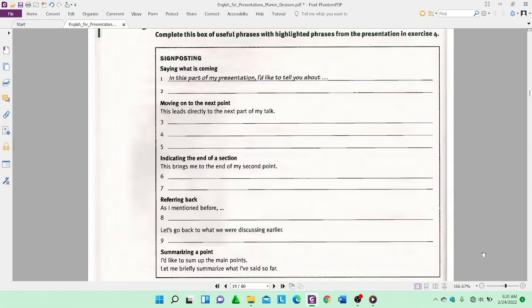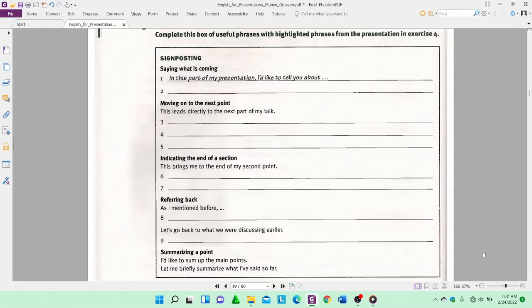But I hope that even though the mode of learning has changed, it does not decrease our motivation to improve our speaking ability, especially in presenting material or in presentation.